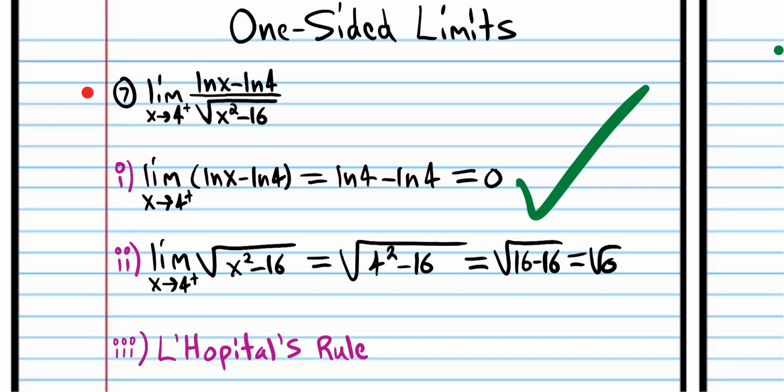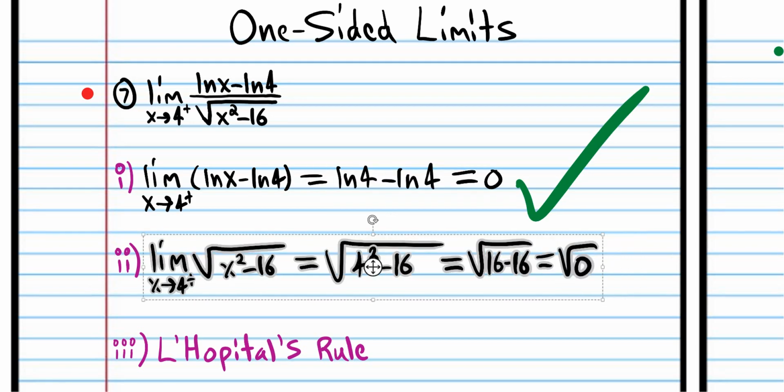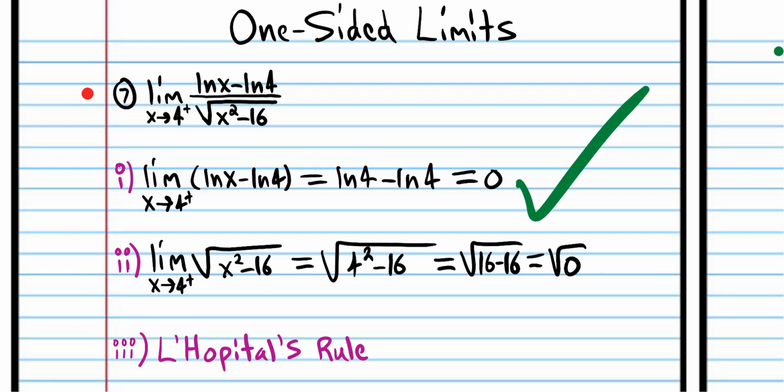And we don't have to show all that because we don't really have the room anyway. So the numerator approaches 0 as x approaches 4 from the right, and the denominator also approaches 0. So we can use L'Hopital's rule.